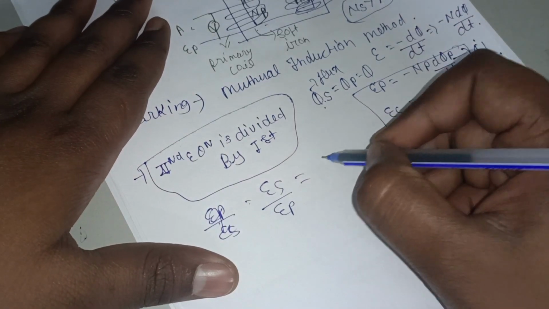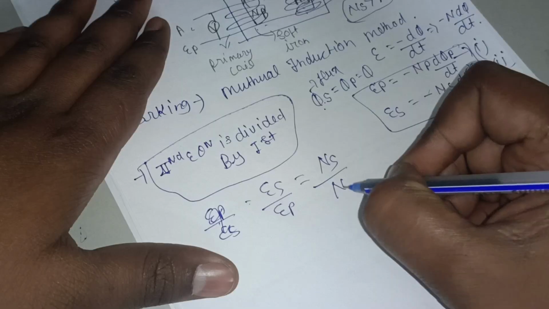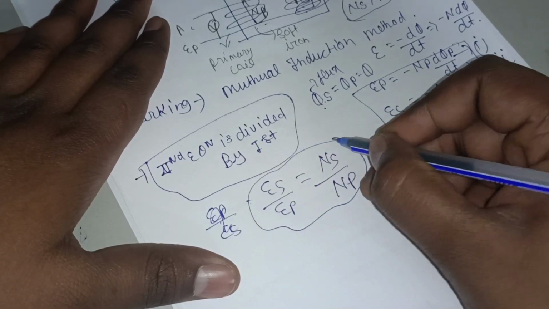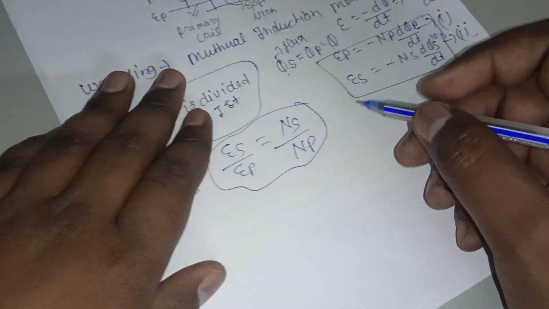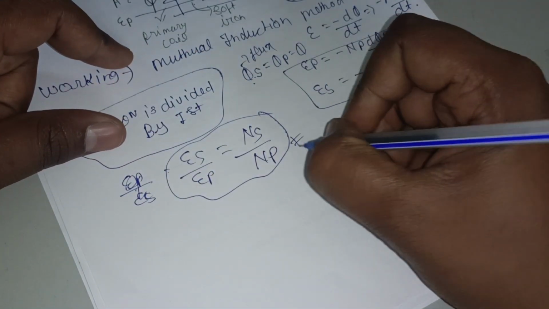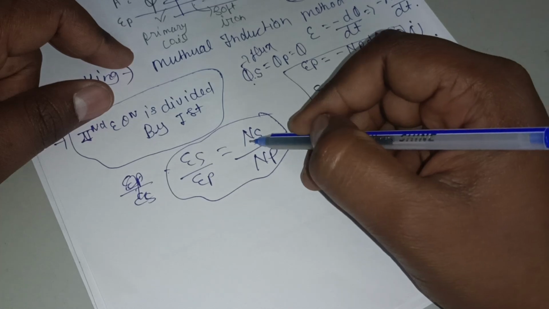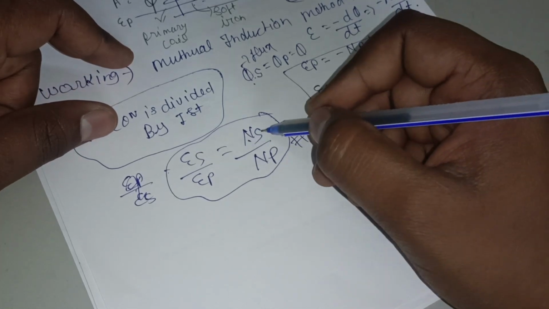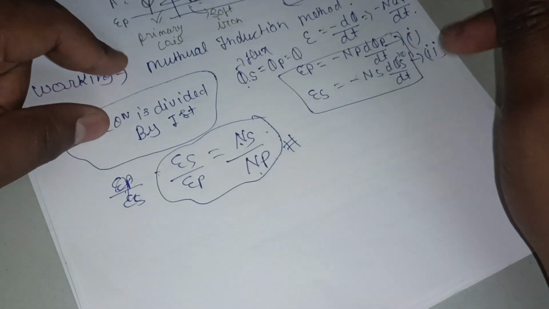So it will be simply NS upon NP. So this is our condition. Please remember this: number of coil turns in secondary upon number of coil turns in primary.